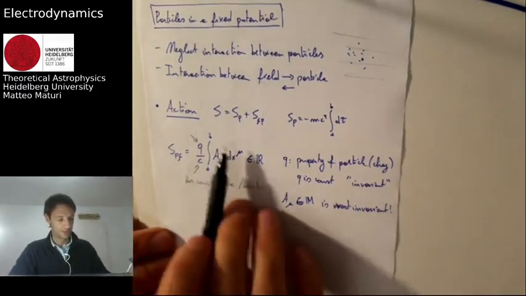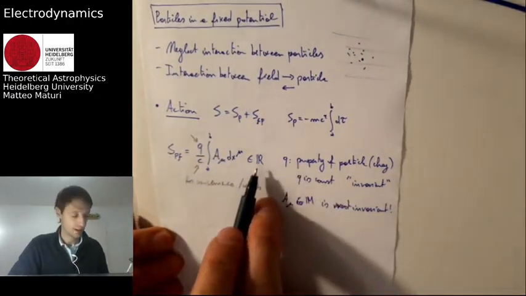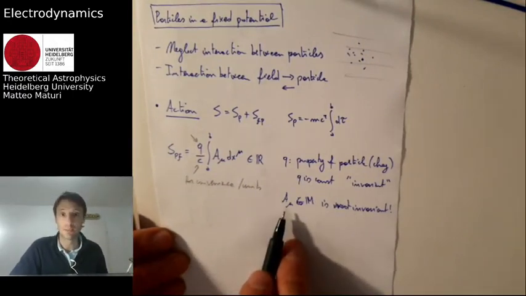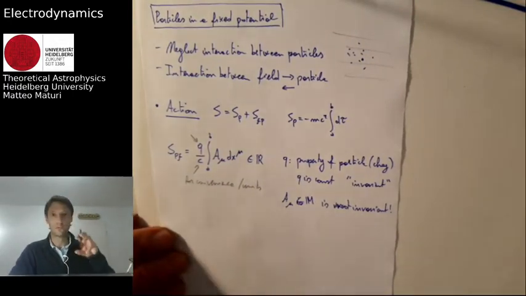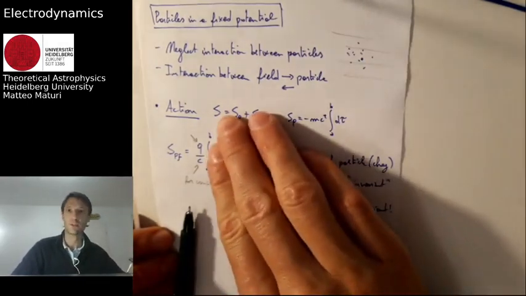Okay, therefore this guy here should be an invariant scalar. It's actually not invariant because it contains this guy, but it doesn't matter, because here what we are looking for is the action of the particle, and that's the only property.